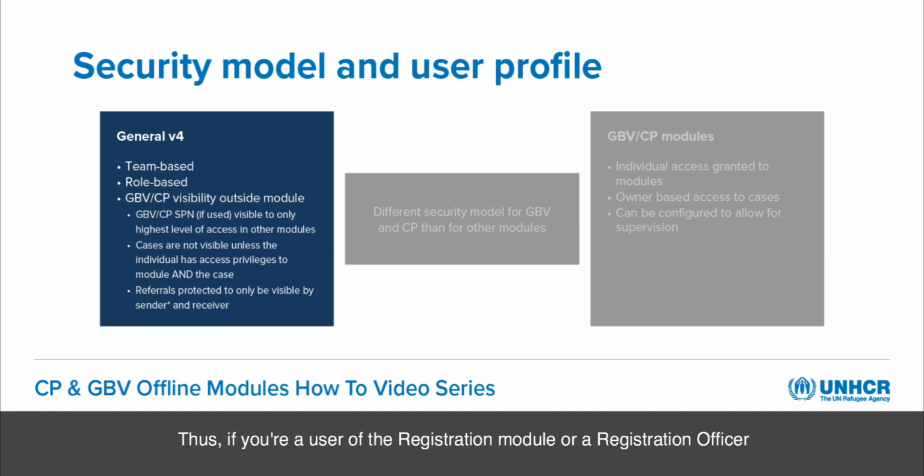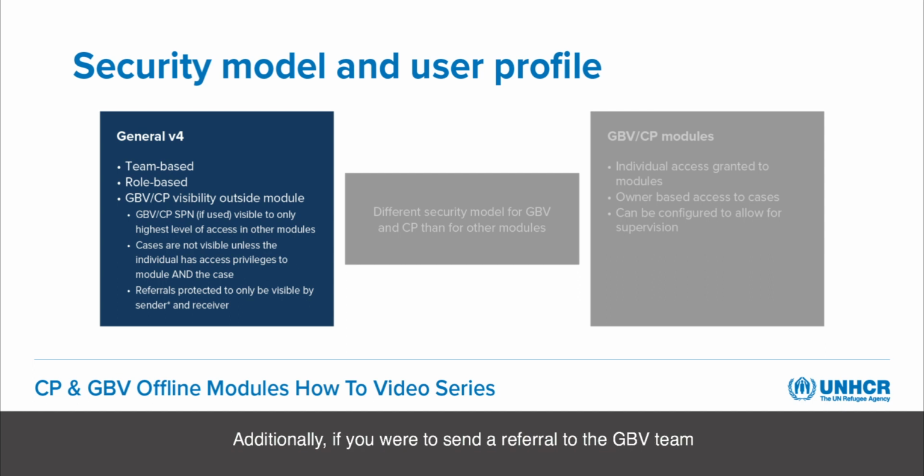Thus, if you are a user of the registration module or a registration officer and you don't have access to the GBV or child protection module, if you were to click on a case for an individual who has a GBV case, you would not see anything linked to that case that would indicate GBV or child protection unless you both had access to the GBV module or child protection module and you also had access to that individual case. So really, GBV and child protection cases are not visible outside of the GBV and child protection modules.